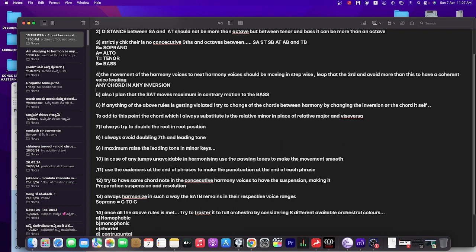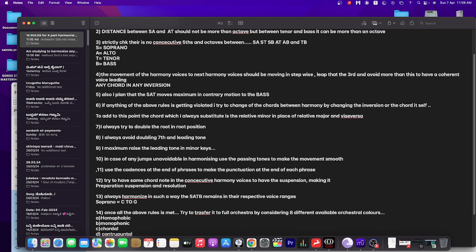There is a very good technique: substitute that same F major chord with D minor. It sounds very good, because F major and D minor are relative. D minor is the relative minor of F major. So both can be used in place of each other. In case of D minor, you can use F major. In case of F major, you can use D minor. So your violation of rules becomes easier.